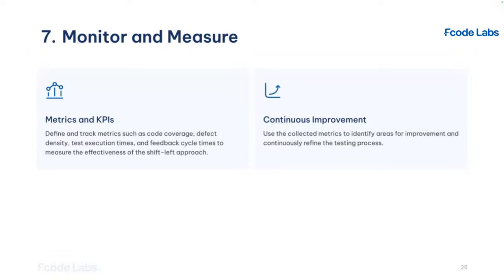Finally, continuous monitoring and continuous measurement are really important to make sure this shift-left approach is working correctly. Define and track metrics such as code coverage, defect density, test execution times. There are so many metrics you can define for your project. And use different tools. There are many tools available today.